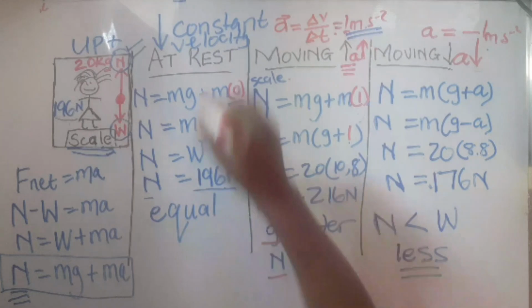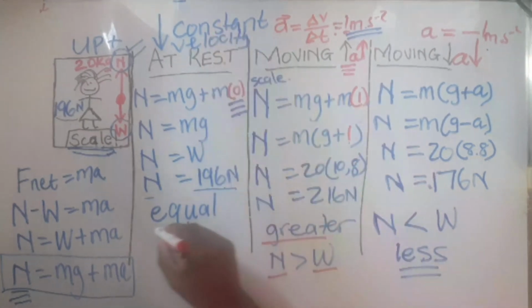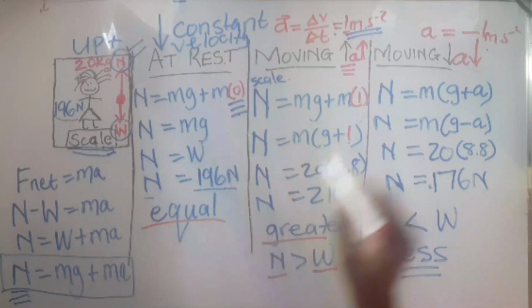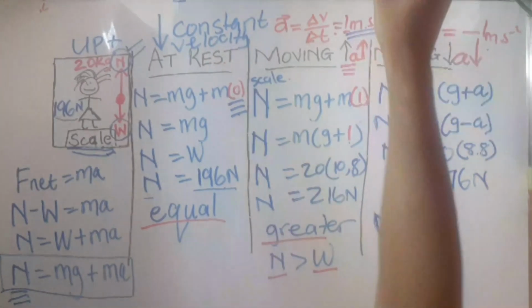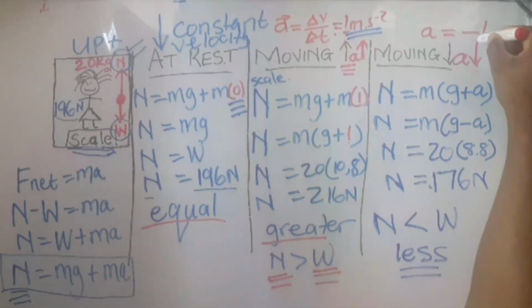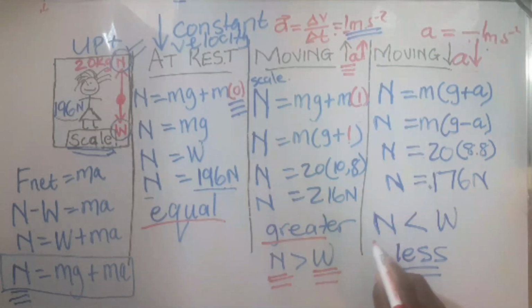If the lift is at rest, the scale value will be equal to the actual weight. If it is accelerating upwards, the reading on the scale will be greater than the actual weight of the girl. If it is accelerating downwards, the reading on the scale would be less than the actual weight of the girl.